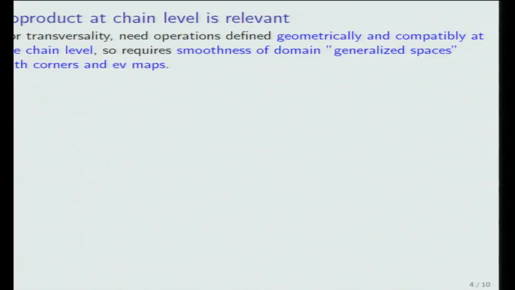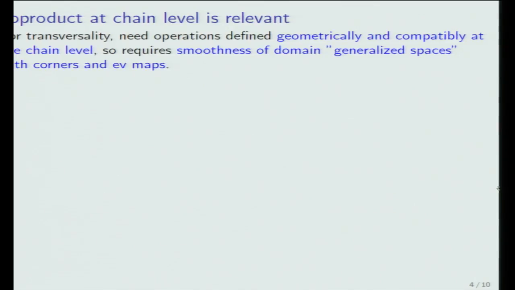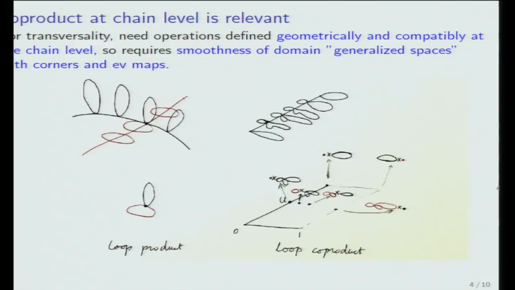This basically gives you an induction scheme to achieve transversality. For that to work, you need to define the intersection type of operations geometrically and also at chain level, because you already have a generalized space with corners intersecting together. And we require smoothness of the domain space and the maps.